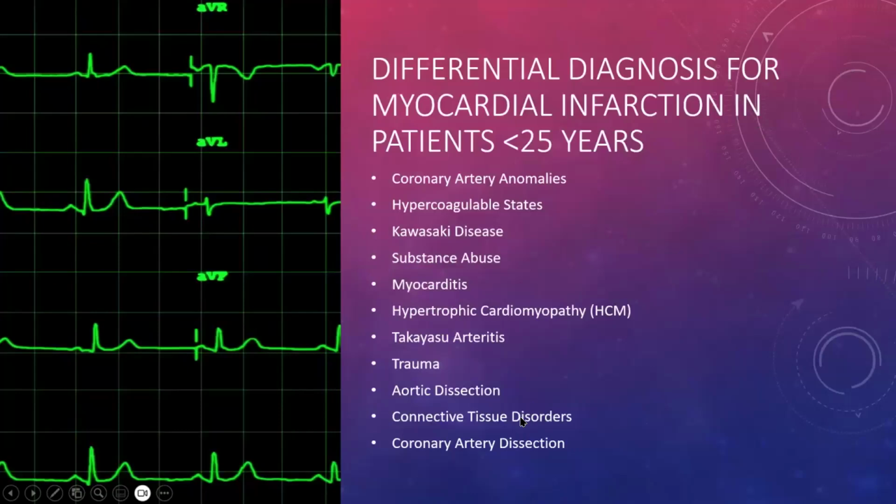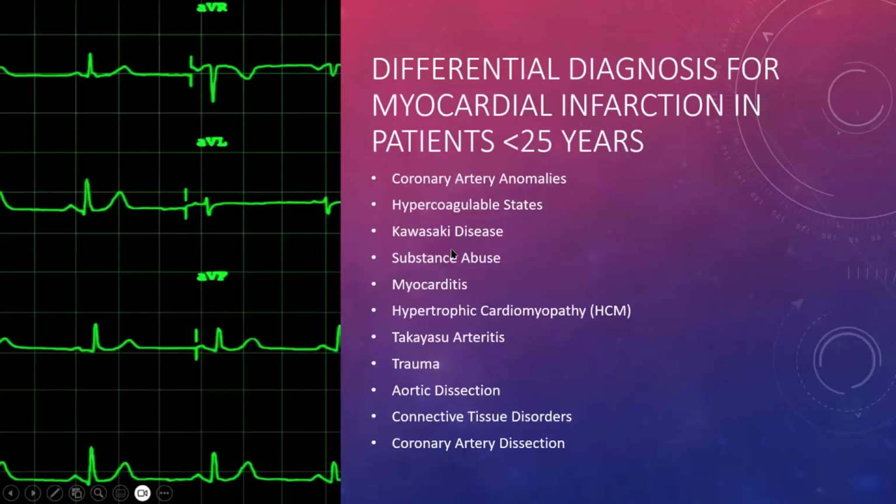So there's quite a few here. All right. But these are the things that you need to think of when you are going through patients such as this. So coronary artery anomalies such as cardiac bridging and things like that, that's a possibility. Hypercoagulable states can definitely lead to that. Patients with Kawasaki's and Takayasu's, which are autoimmune diseases, these can also affect.